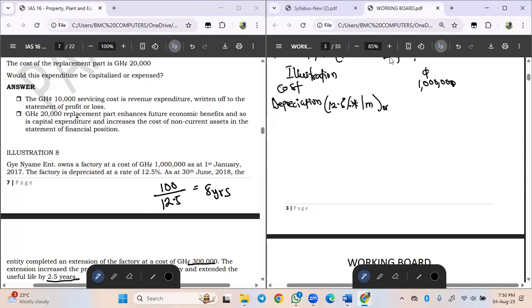Or, let me do this because you need the years. The cost was 1 million divided by the 8 years. There was no residual value, so we can also do this. So please, what is the depreciation for 2017?